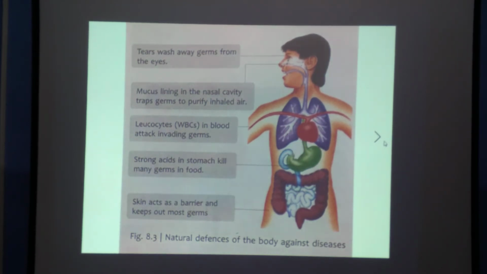So once you have chickenpox, the immune system will produce antibodies to fight against it, and they will remain in the blood forever. Once you are cured, you will never have it again in your life. Immunity to some bacterial diseases such as diphtheria and typhoid also lasts for a few years. So once the immunity is lost, the antibodies will again disappear from the blood.